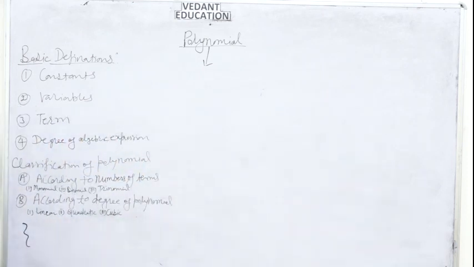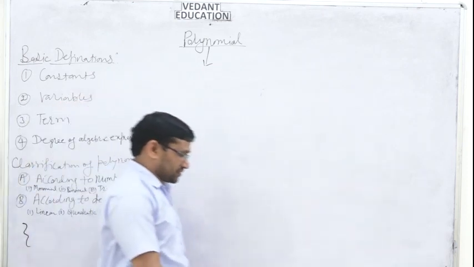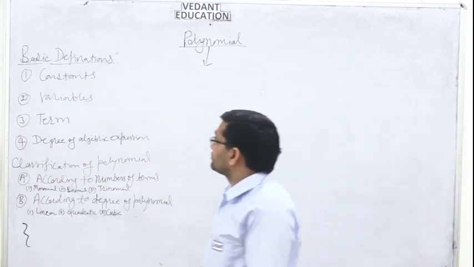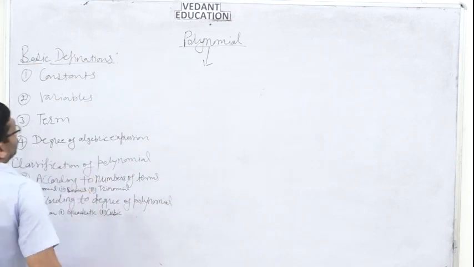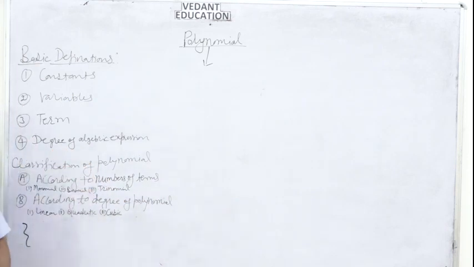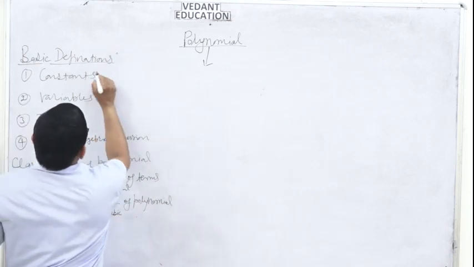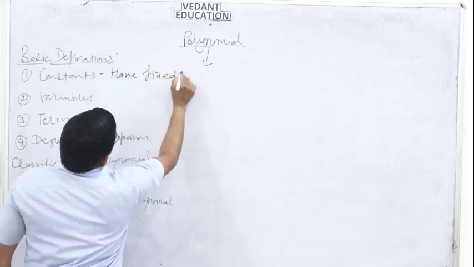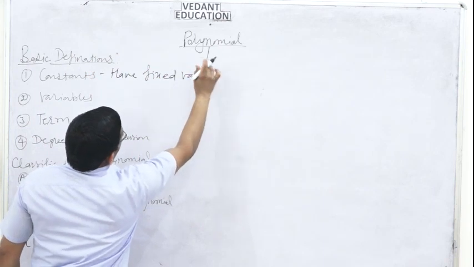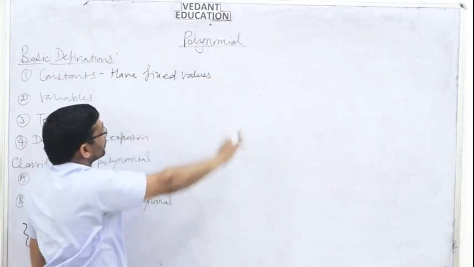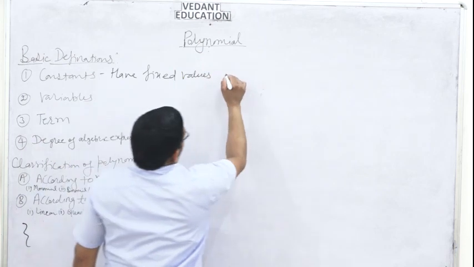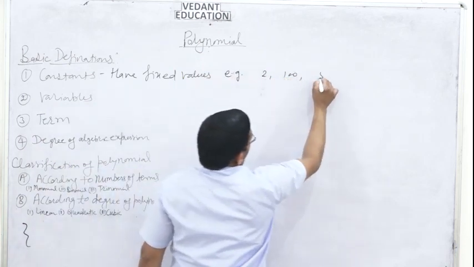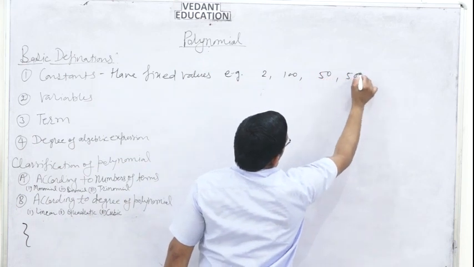So first is constants. What are constants? Constants have fixed values. For example, 200, 50, 500.